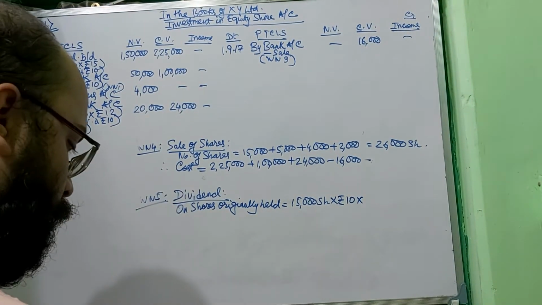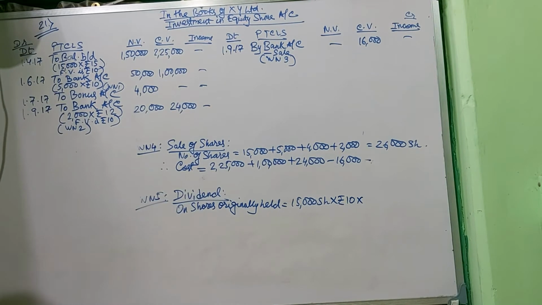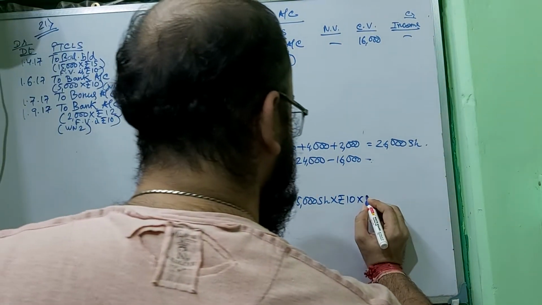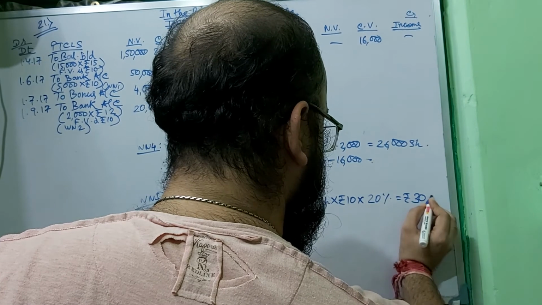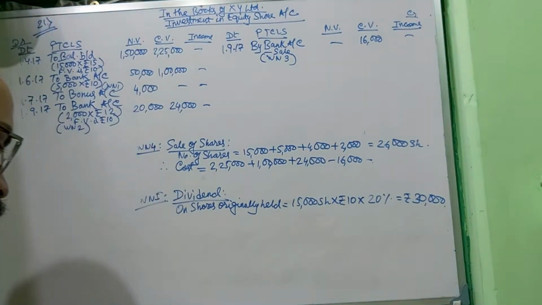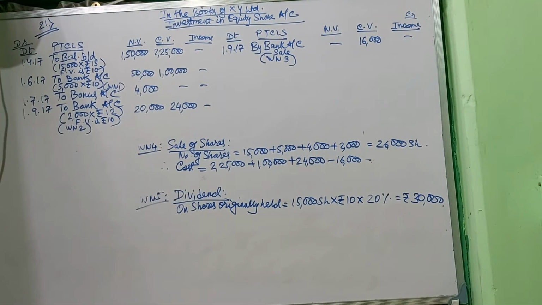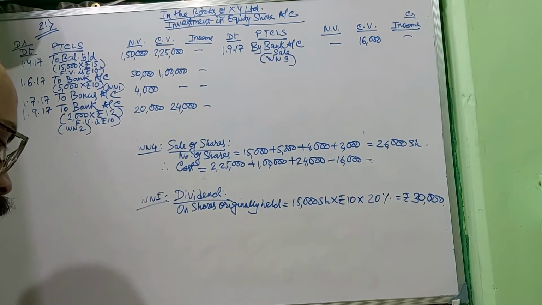Premium is 20%, right? 15,000 into 10 into 20%. It is 30,000. It has to be created in the PL account like that. The buy side.